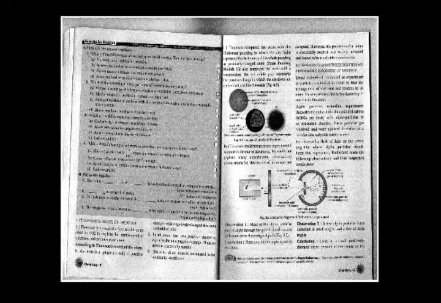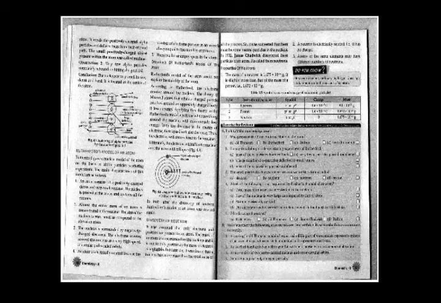These particles got scattered and were allowed to strike a circular zinc sulfide coated plate. Then you will write all the observations and conclusions, 1, 2, 3. Is it clear? This answer continues on the next page as well, page number 46.